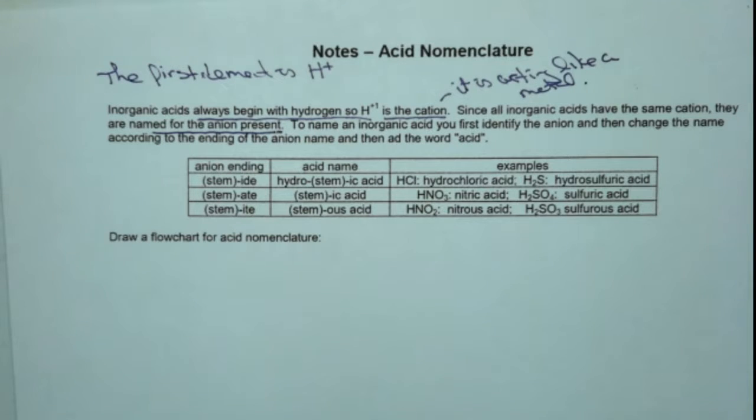The first thing you should do is identify the anion, the negative portion, and then change the name according to the ending of the anion name and add the word acid.